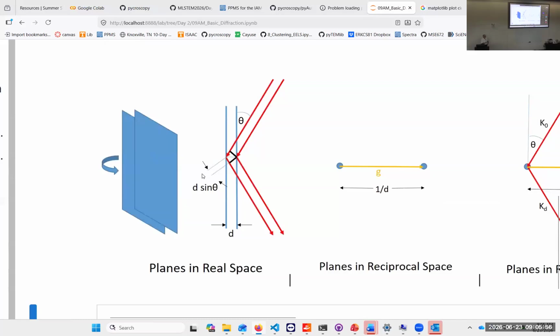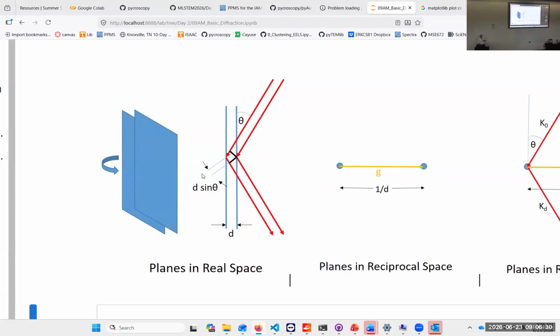Since our wavelength is very small, we have diffraction on crystal planes like with X-rays or with neutrons. Why are there no atomic resolution microscopes based on neutrons and X-rays? They don't have lenses. One thing that is in favor of ions and electrons is that they're charged, and so we can have magnetic lenses.